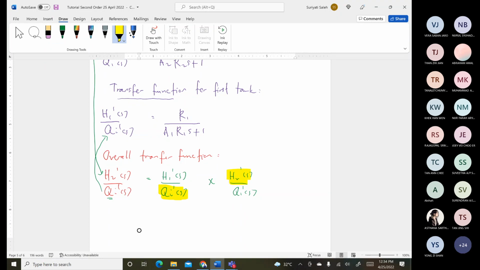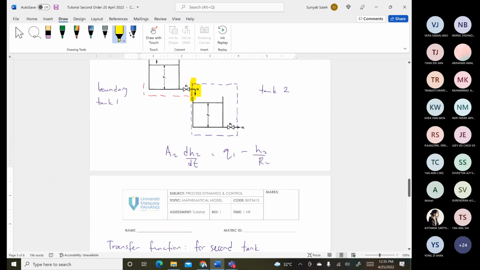This is what we need to cover in order to obtain the overall transfer function H2 over Qi. So for this part, we take a look at the case study again.